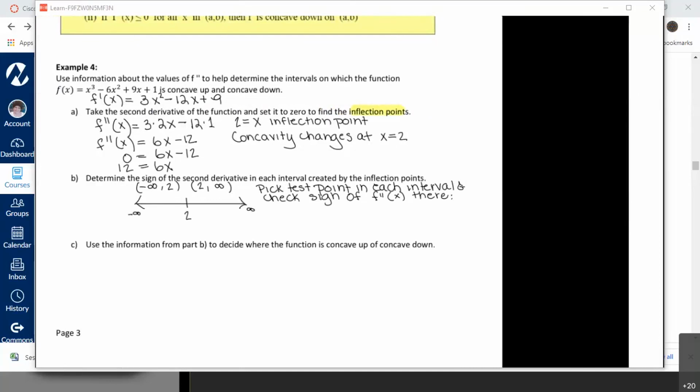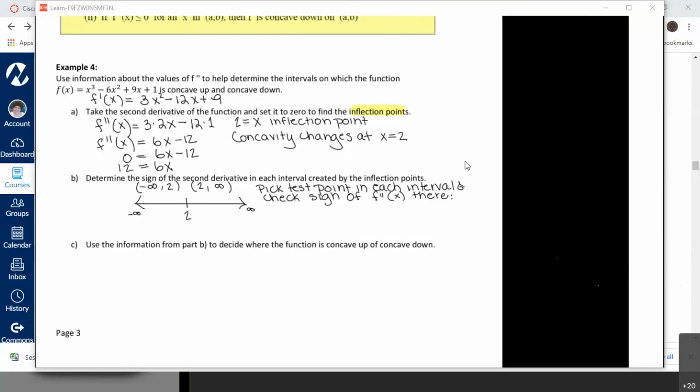I'm going to ask you guys to pick a test point, just so you're sure I'm not gaming the system somehow, in the interval negative infinity to 2. Just throw one out there in the chat or unmute yourself. Who wants to pick a test point in that interval?